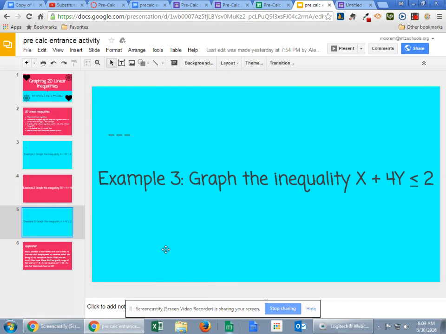The next example is x plus 4y is less than or equal to 2. So you move the x over and divide by 4.